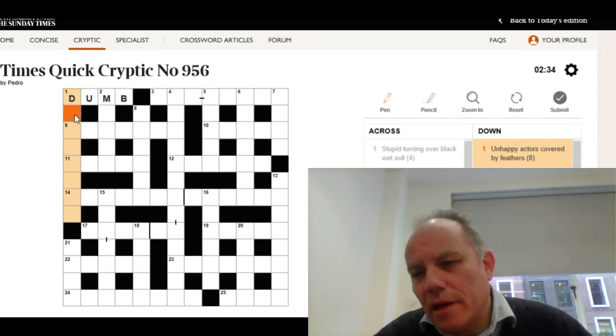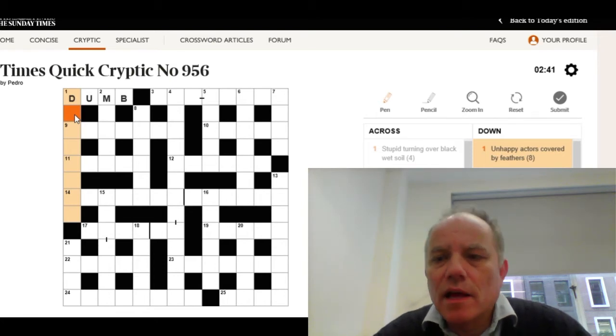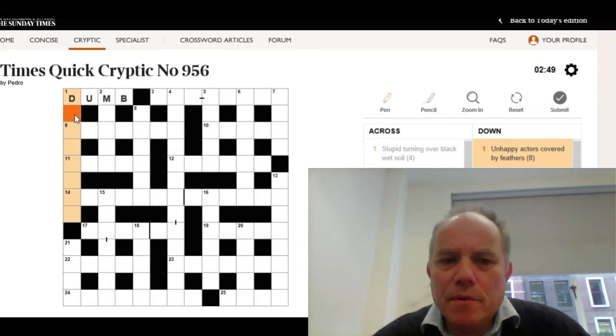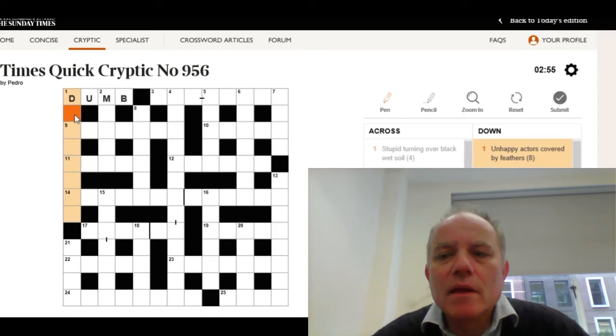Or we might be looking for a word meaning either feathers or covered by feathers, and somehow that would be constructed from a word for unhappy and a word for actors. That's about all the possibilities, and I think by far the most likely is we're looking for an answer that's a synonym of unhappy and is made up of a word for actors somehow covered by a word for feathers.